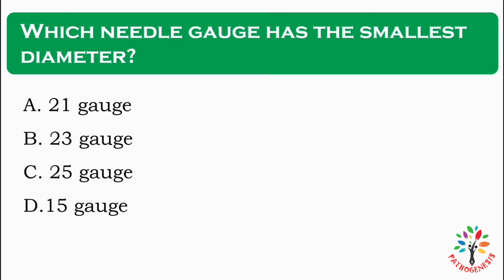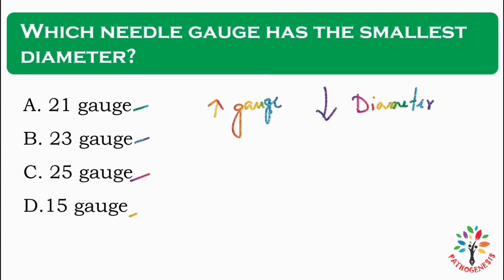Next question. Which needle gauge has the smallest diameter? Look at these numbers: 21 gauge, 23 gauge, 25 gauge and 15 gauge. If we talk about gauge, the concept is slightly different. The higher the gauge, the smaller the diameter of the needle.